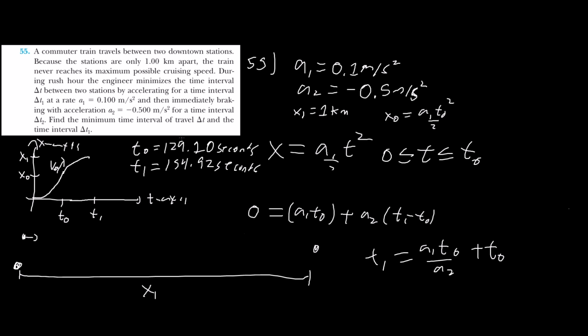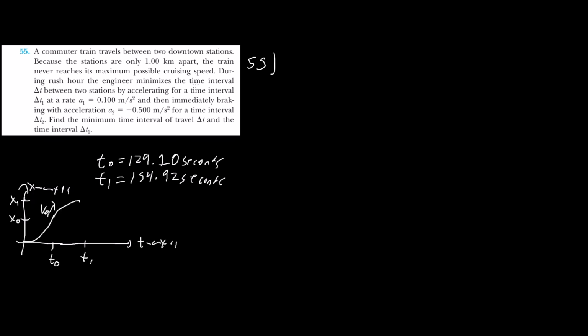So it's just a matter of reinterpreting. All right, now since I got my values, let's reinterpret this and write it in the format that they want. So during the rush hour, the train moves between two stations, first accelerating for a time interval t1. Okay, so in this interpretation, the way I have it, this one is going to be 129.10 seconds, and that's going to be t naught in my case.